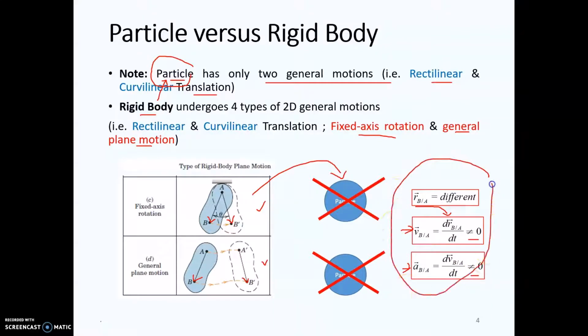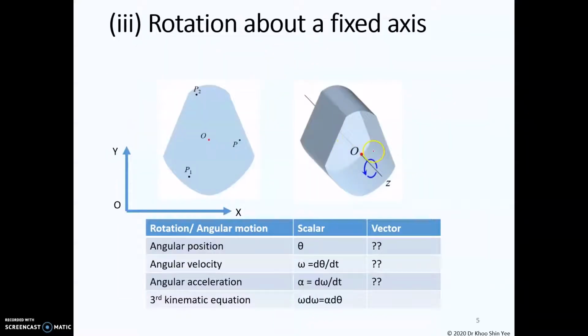This means that the velocity and acceleration at point B and point A will be different. Therefore, when a rigid body is performing fixed axis rotation or general plane motion, we cannot simplify it to be a particle. Let's continue with the rigid body rotating about a fixed axis.